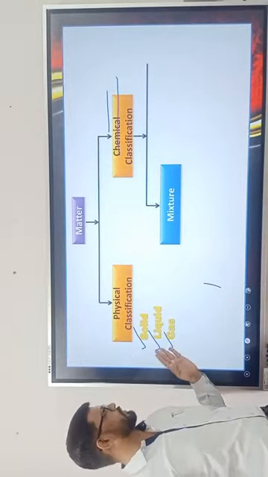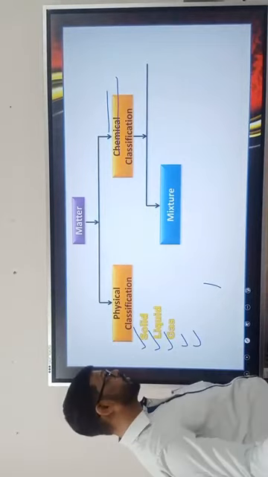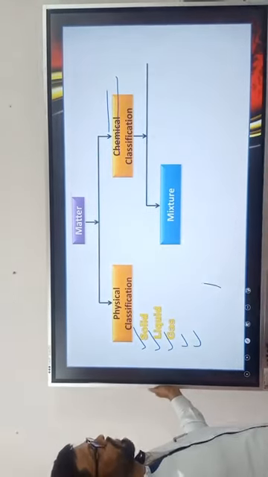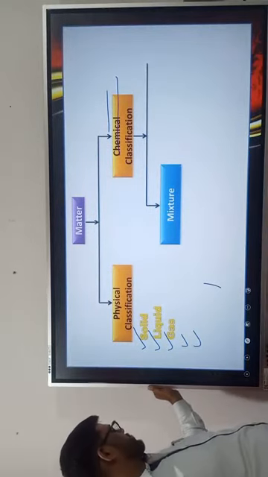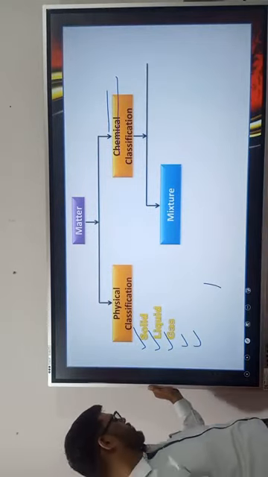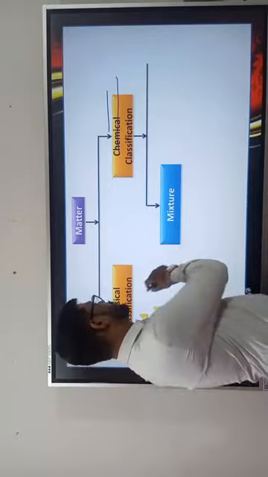Maybe ten years down the line, states like plasma and Bose-Einstein condensate may be included when they are well studied. That means your son or grandson or granddaughter may study the Bose-Einstein and plasma states in their syllabus. Okay, this is one classification.